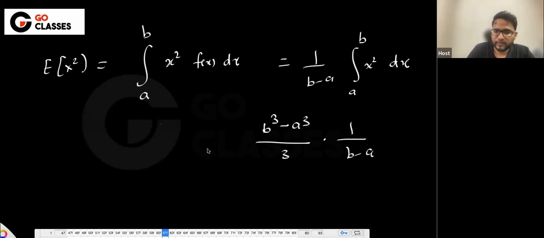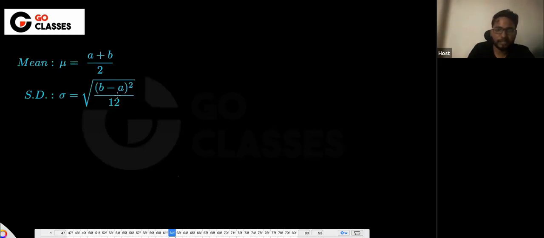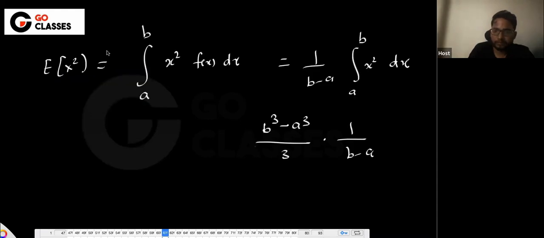Then what is the formula? a cube minus b cube, a minus b into something, right? Does anyone remember the formula? I think it is b minus a. There is some formula, I do not remember exactly, but till now it is fine.